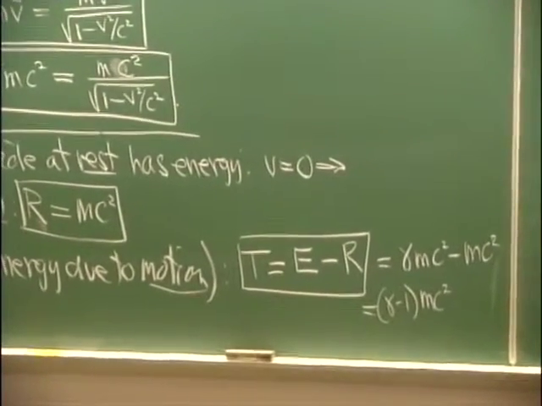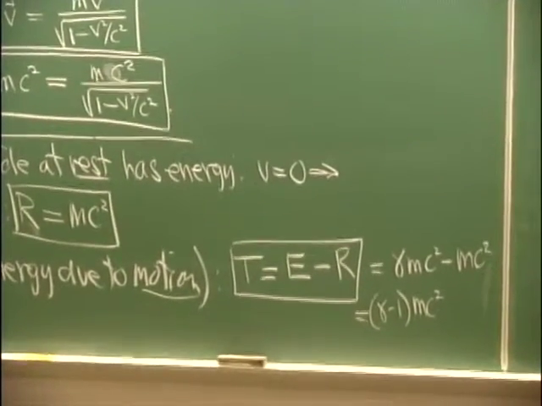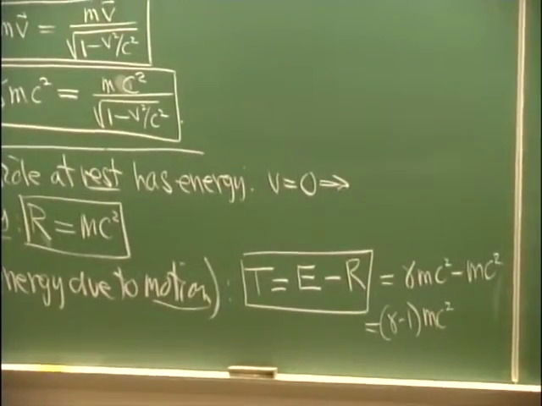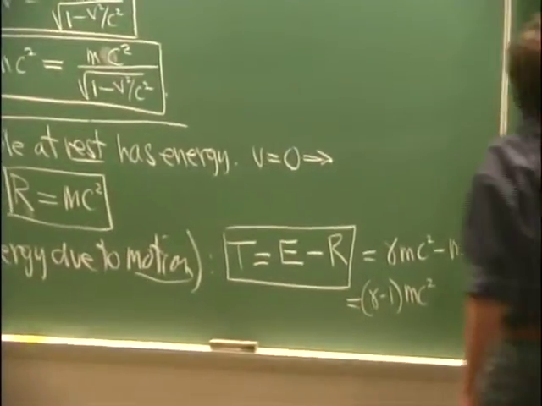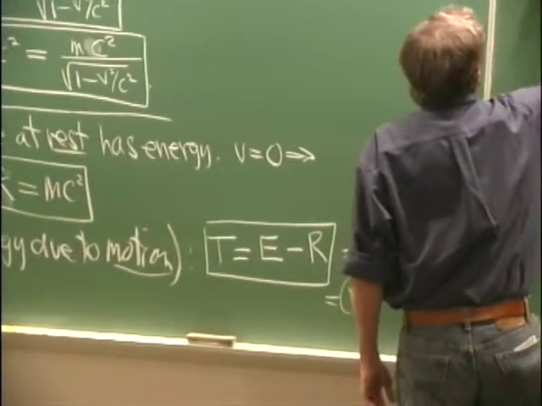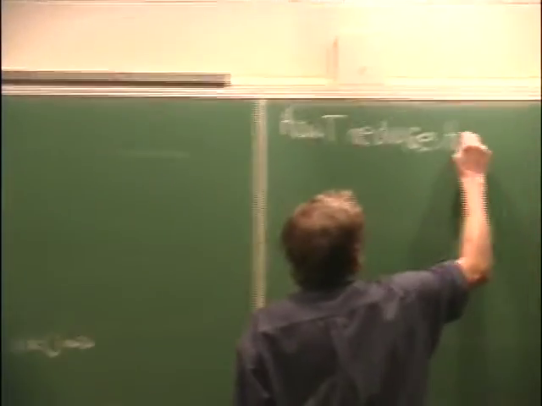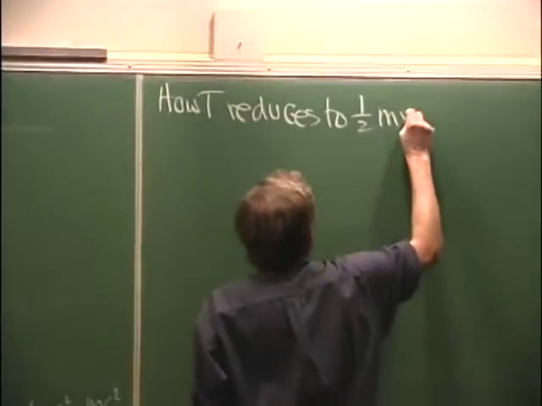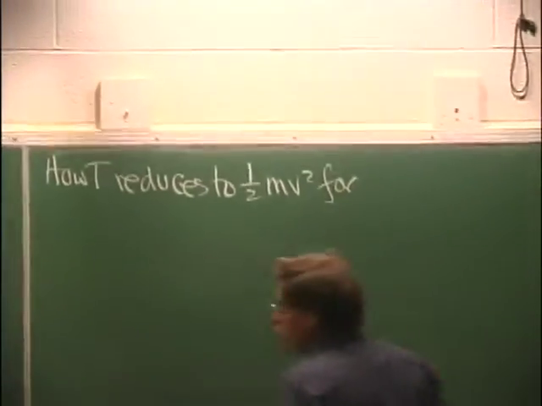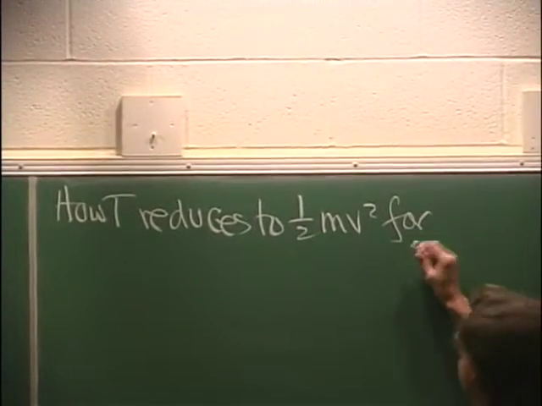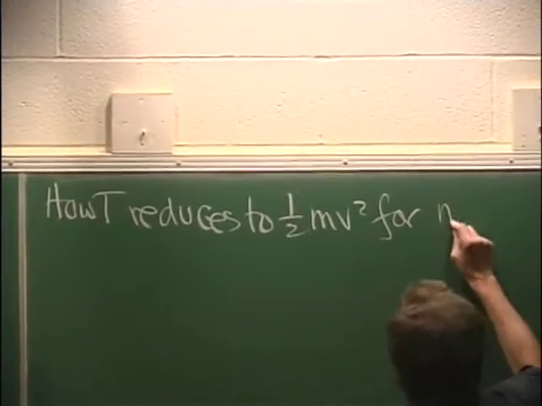That's the quantity that ought to reduce to 1/2 mv squared if you're going at low velocities to the ordinary classical formula. But the derivation is cute, but it's not trivial. How T reduces to 1/2 mv squared for non-relativistic speeds.